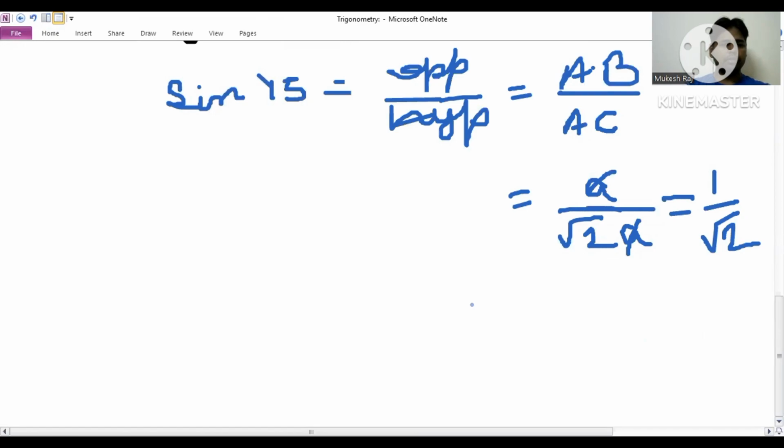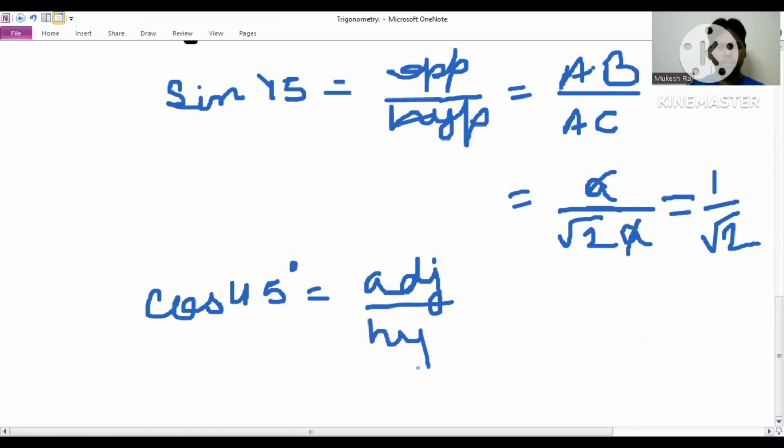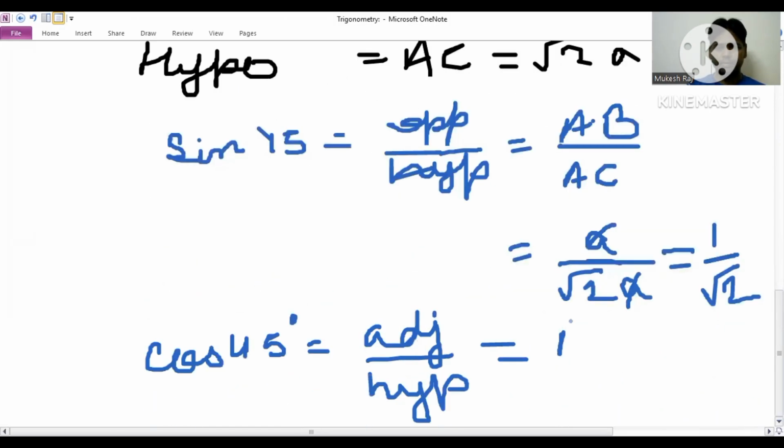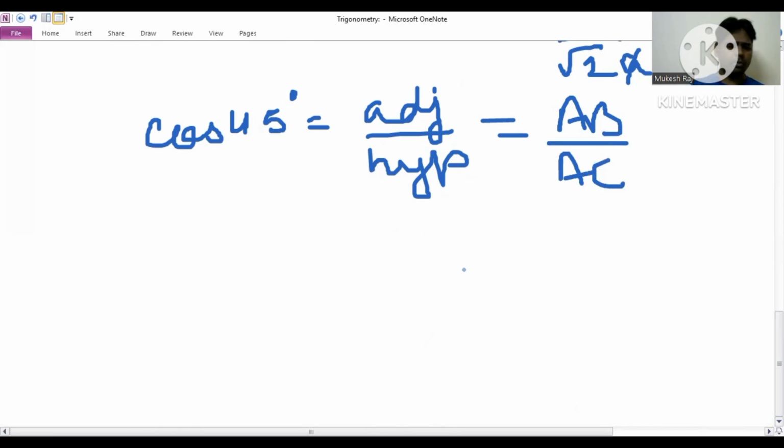Now, what are these values? Let us see. Moving ahead with the calculation of cos 45. The cos 45 degree will be equal to adjacent by hypotenuse. I have written adjacent as AB, so AB upon AC, because the hypotenuse is common for both the cos and the sine.